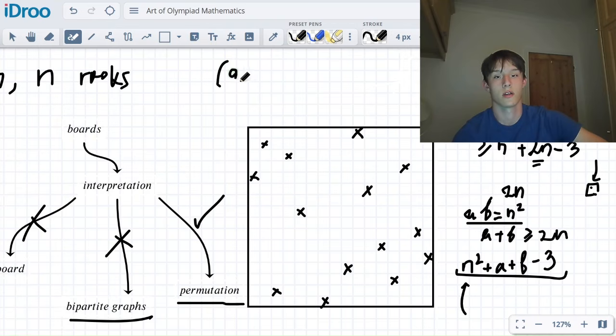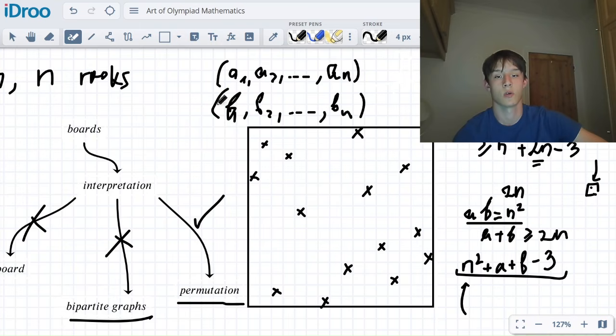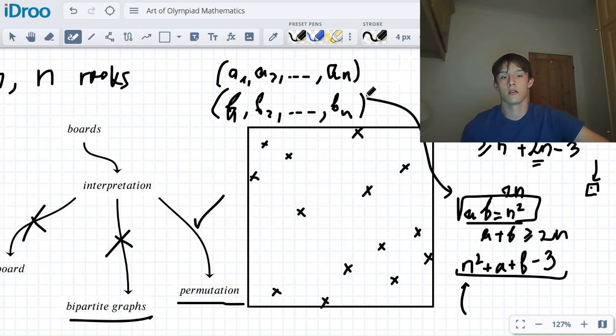So if you look at a1, a2, up to an, that's 1. And then you look at its permutation, b1, and so on. Then you're given coordinates a1, b1, a2, b2, and so on. That's the permutation interpretation. And if you look at this, there is a subtle hint that we might use what is called the Erdős–Szekeres theorem.